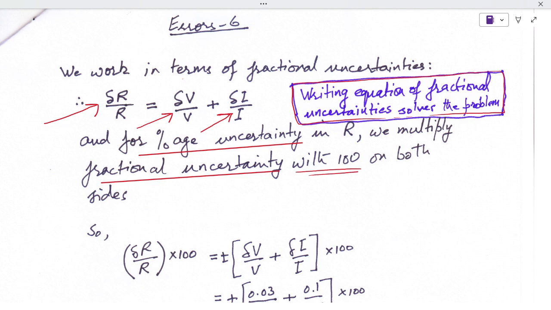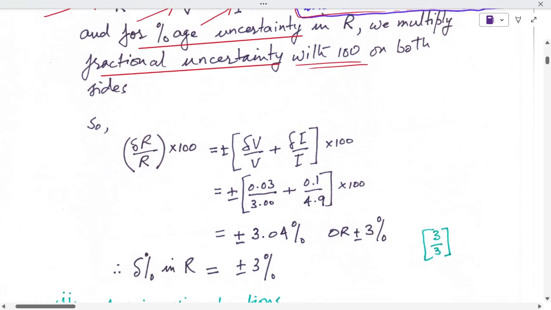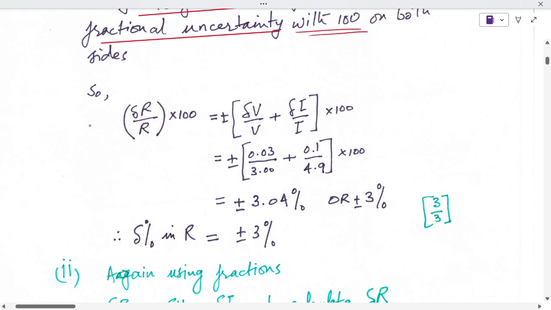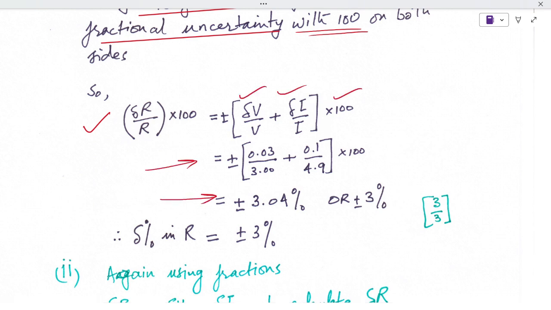So delta R over R multiplied by 100 will be equal to plus minus, delta V over V plus delta I over I, bracket close, into 100, and we'll get the percentage uncertainties.